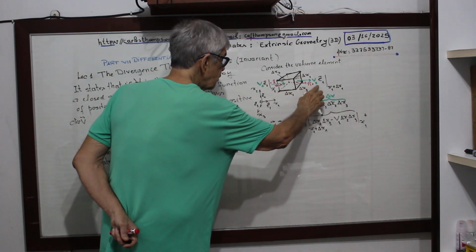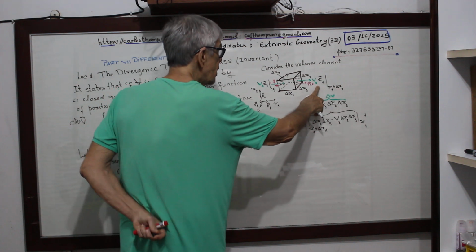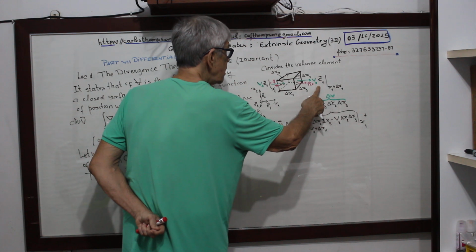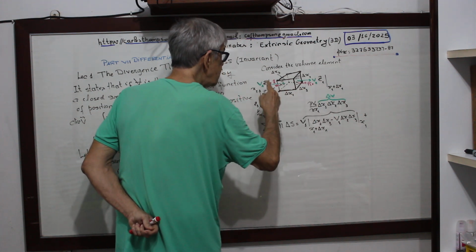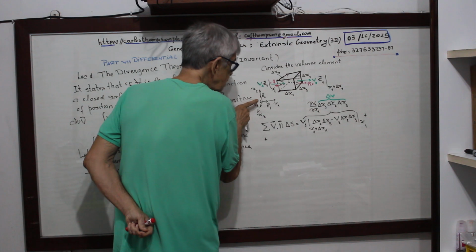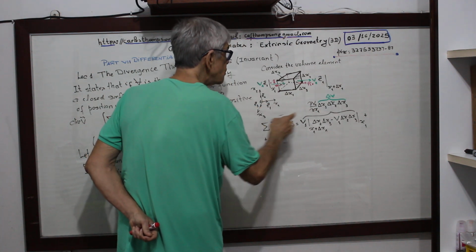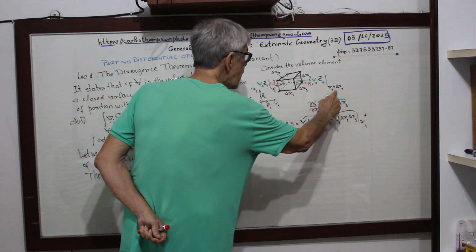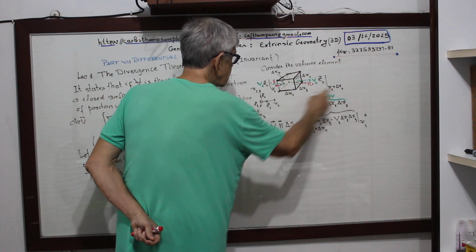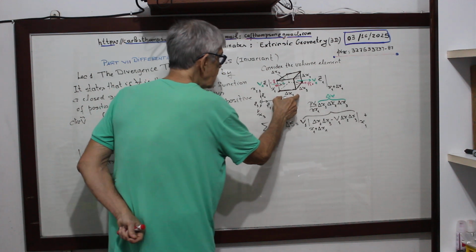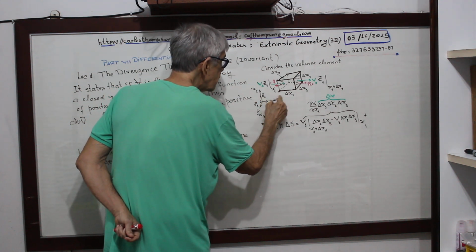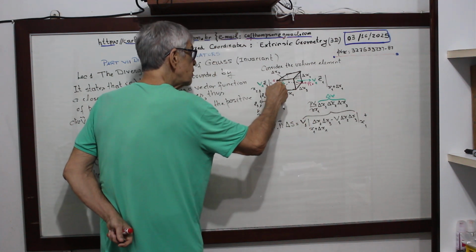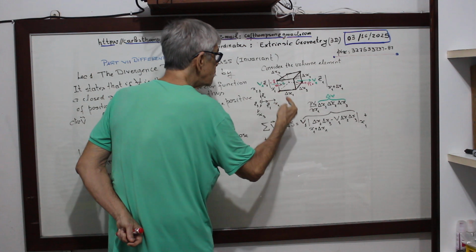And this is the Cartesian component in the x1 direction. E1 is the same direction. So this surface here is located at x1 plus delta x1, and the surface on the back is located at x1.